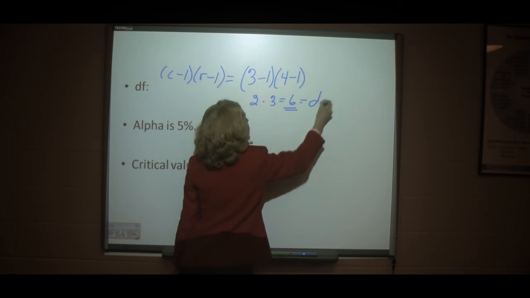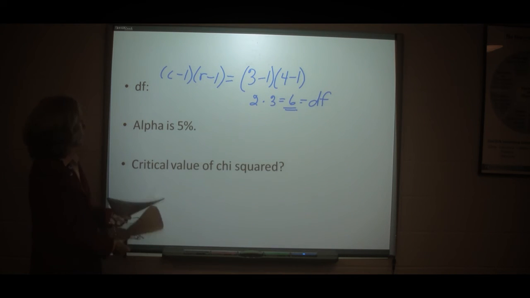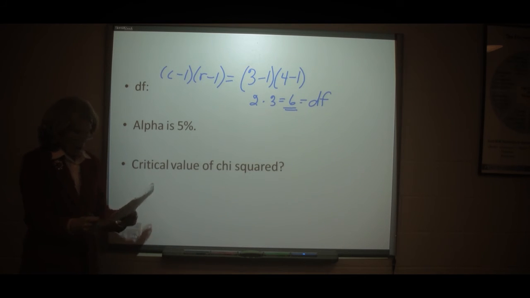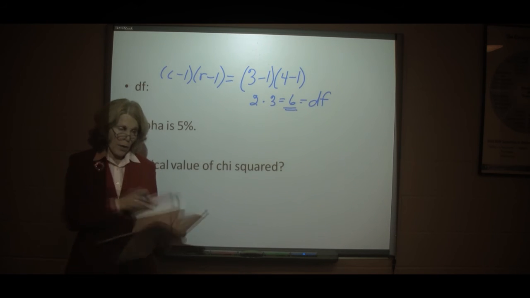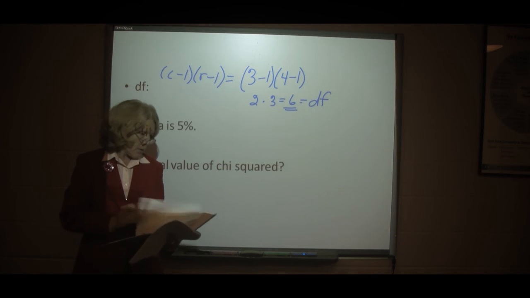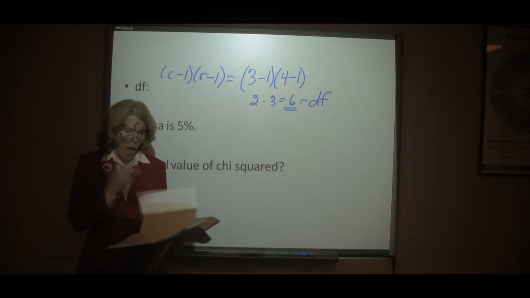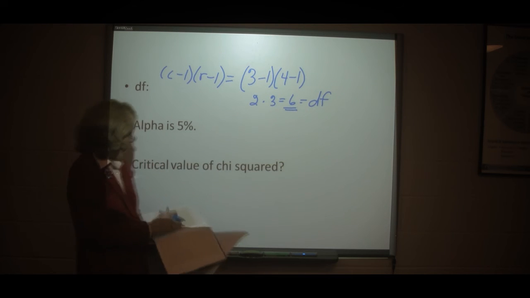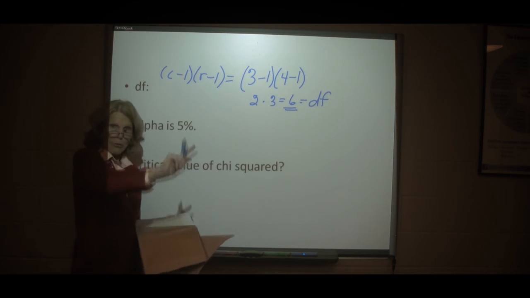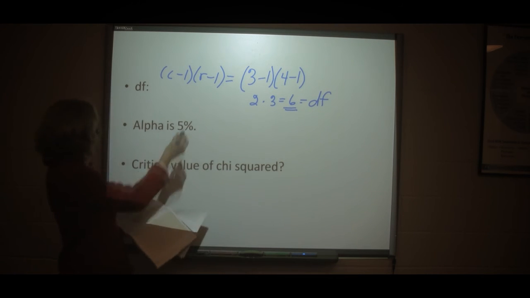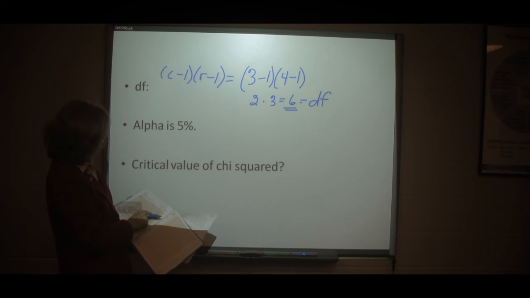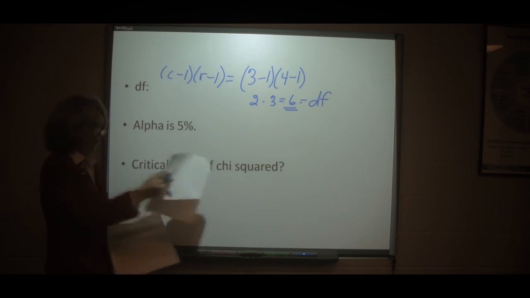So 6 degrees of freedom. Let's say alpha is 5%, one-sided test, two-sided distribution. So let's look on page 796 for the critical value. Page 796. The critical value at 5%, which is the fourth column from the right, and 6 degrees of freedom, will be 12.592.